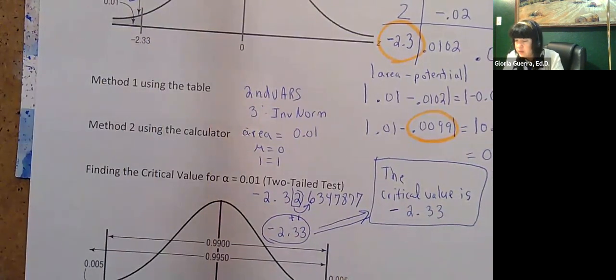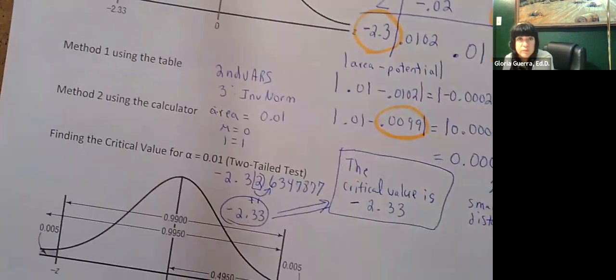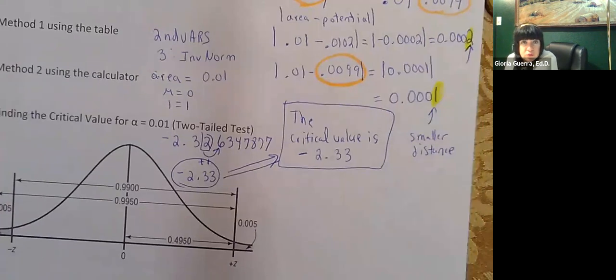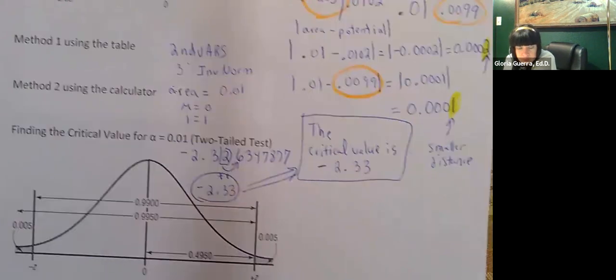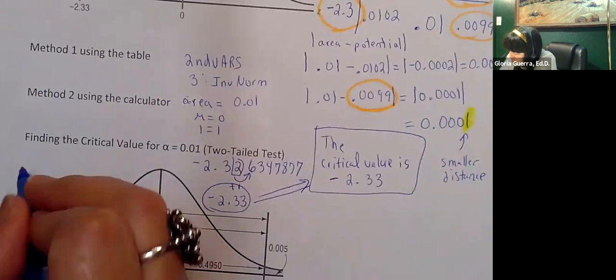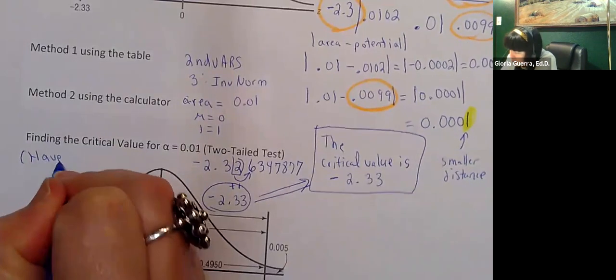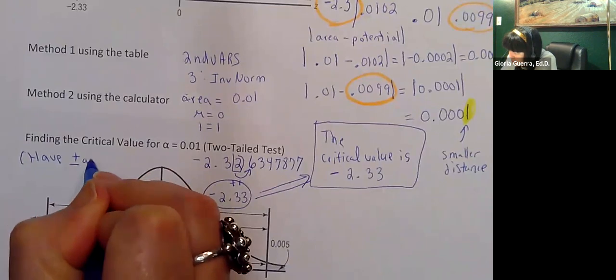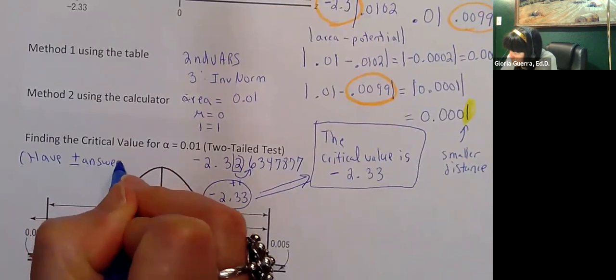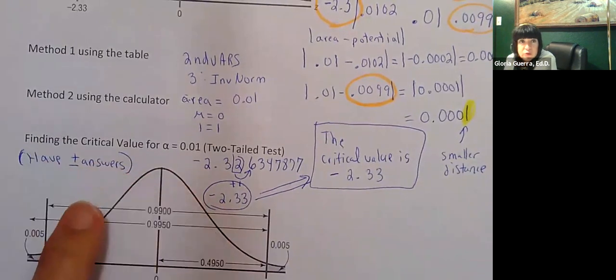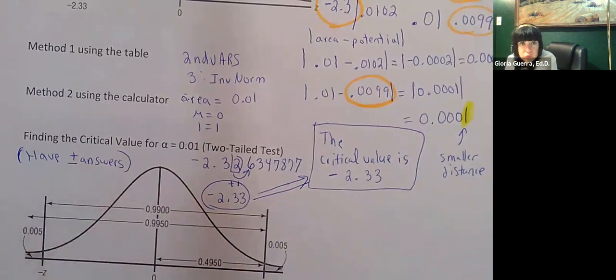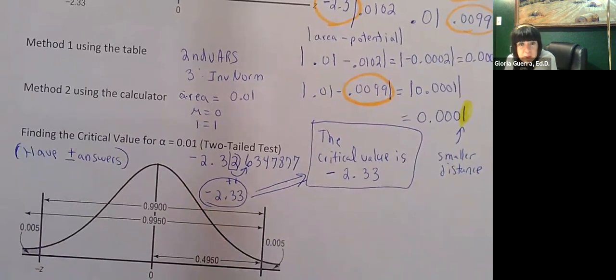Okay, then the last example down here is what if you have a two-tailed test? Well, the two-tailed tests have plus or minus answers. So you have to remember to put the plus or minus if you're ever working with a two-tailed test, okay?